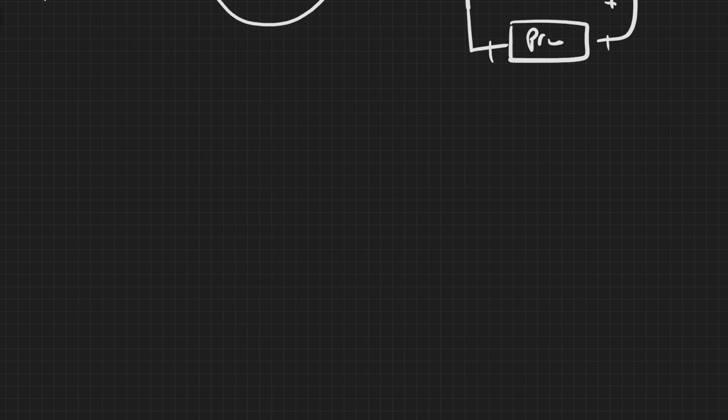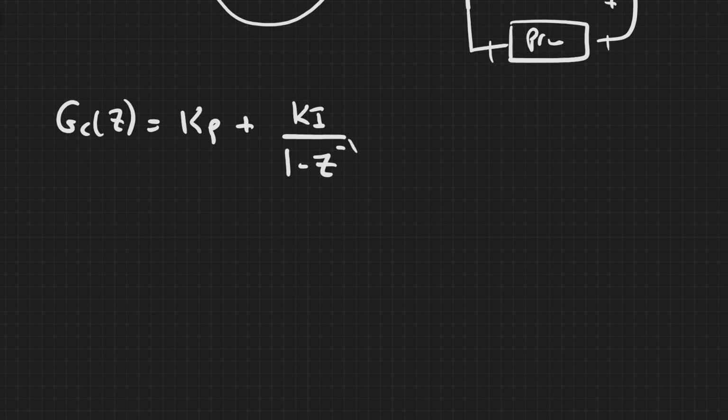Another way to think of this is from a transfer function point of view: try to obtain one overall rational transfer function for the whole digital PID, and obtain a single difference equation that expresses this digital PID controller. So we know that Gc of z is equal to Kp plus Ki divided by 1 minus z inverse plus Kd multiplied by 1 minus z inverse.